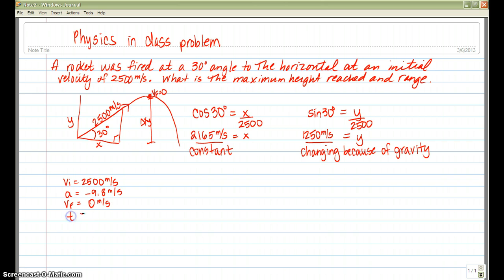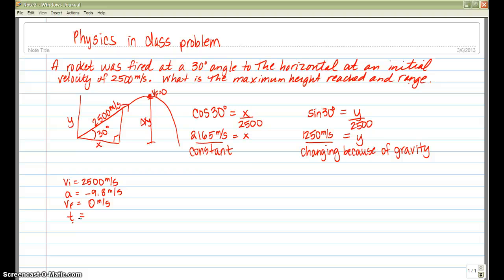So why don't we first solve for how long that object is going to be in the air? Because we can actually use this time to also help us solve for our range as well. So it would be a good idea to get the time first. Look at your list of equations, and we want to find one that has those four components in it.